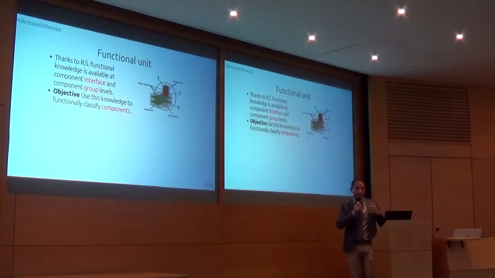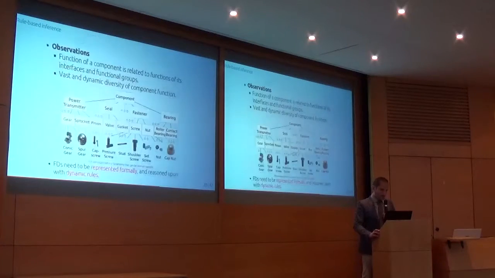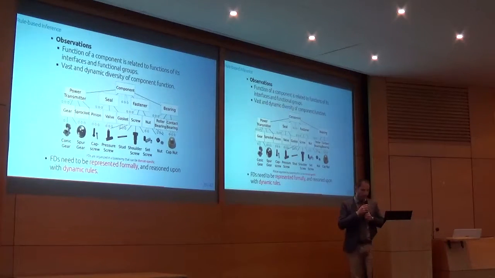They actually relate the components with functionality at other levels, such as the interface and the functional group level, as we will see shortly. The first observation is that the functionality of a component cannot be told by looking at the component itself. We need to know the functional interfaces of the component and the functional group that it participates in.